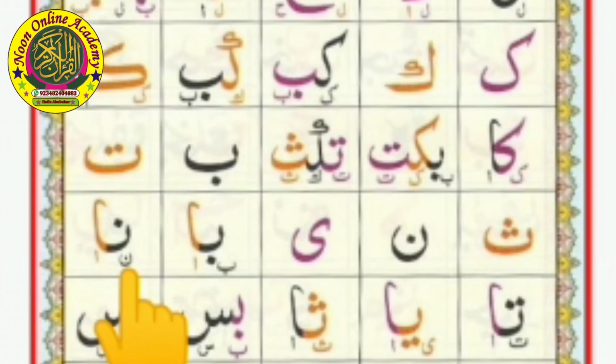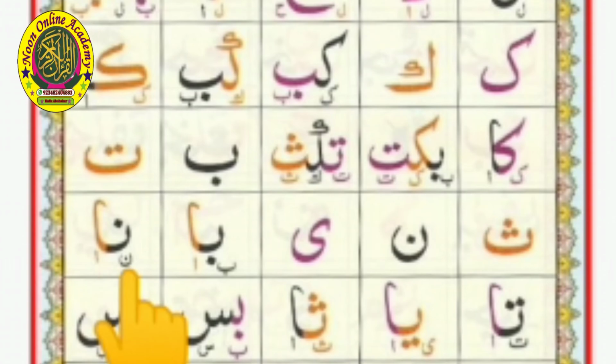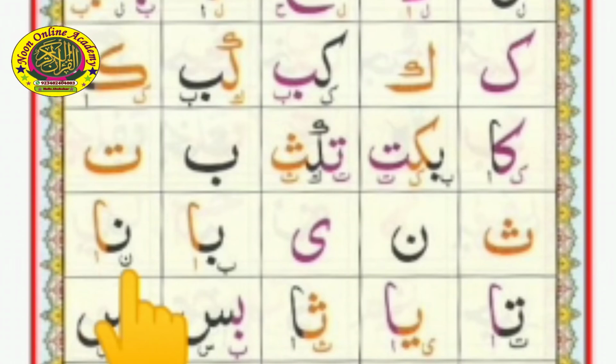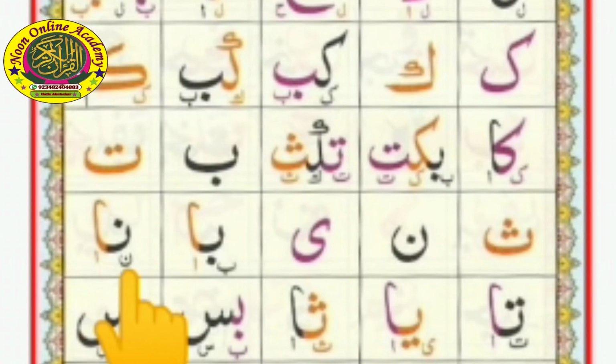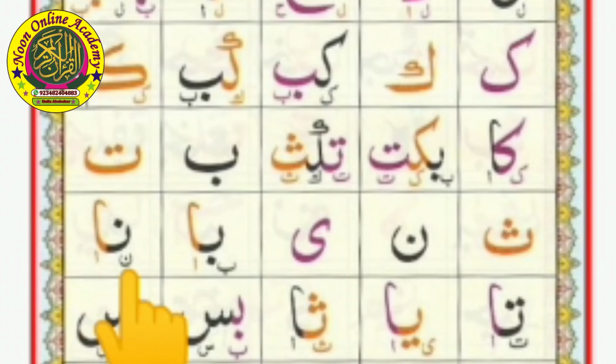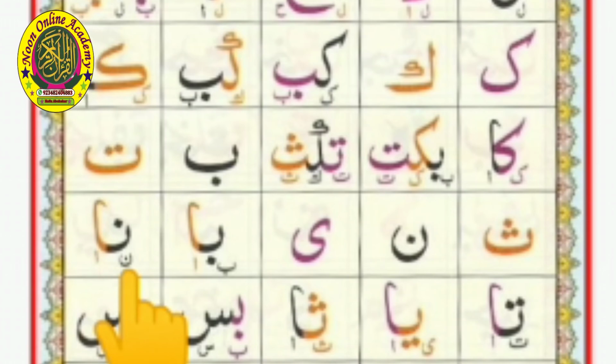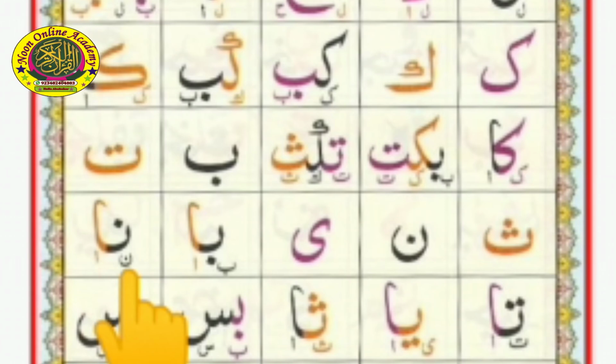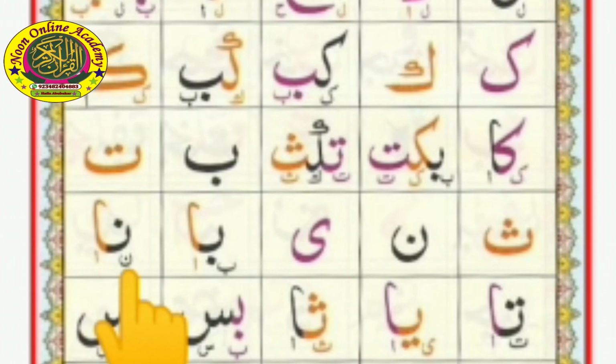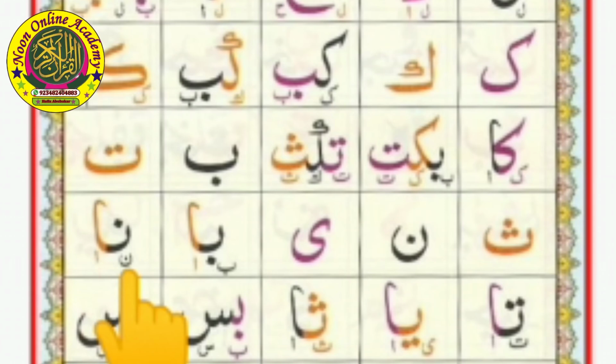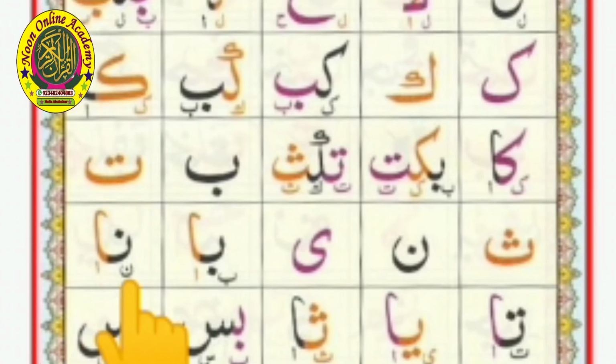This is noon, not za. Za is wrong. Not za alif, but this is noon alif.